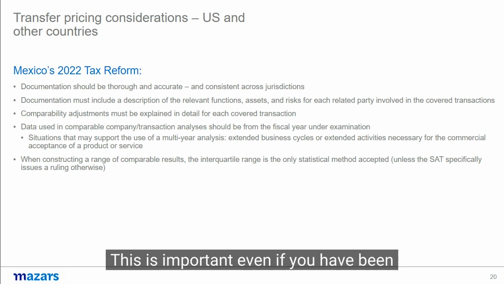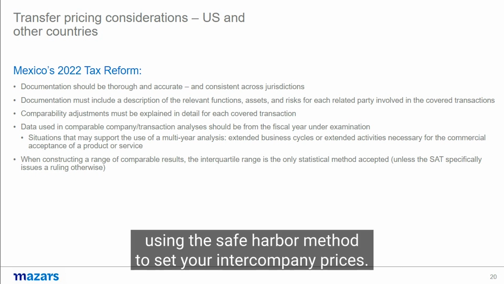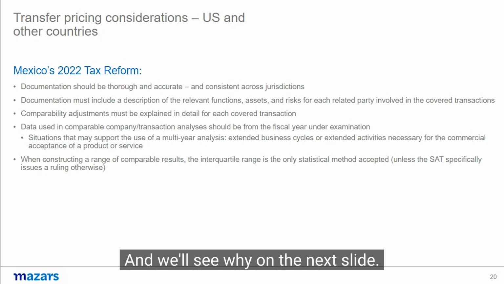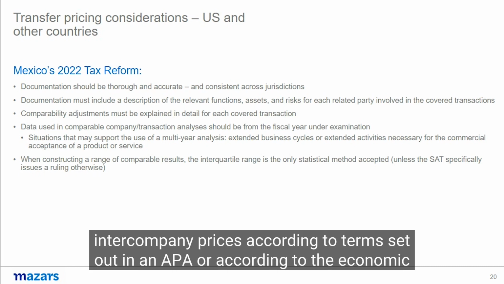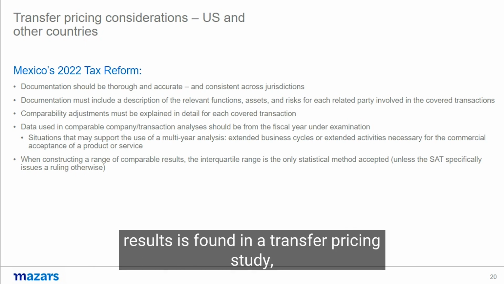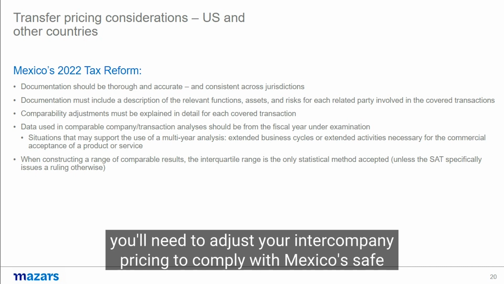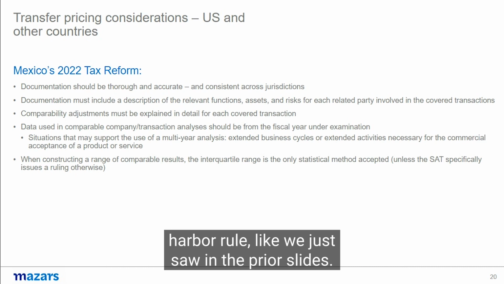And this is important even if you have been using the safe harbor method to set your intercompany prices, and we'll see why on the next slide. But if you've been setting your intercompany prices according to terms set out in an APA or according to the economic results as found in a transfer pricing study, you'll need to adjust your intercompany pricing to comply with Mexico's safe harbor rule, like we just saw in the prior slides.